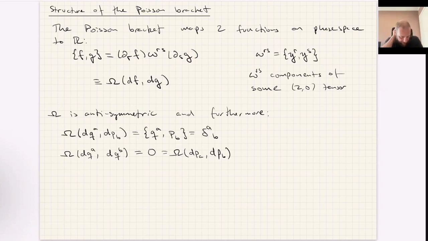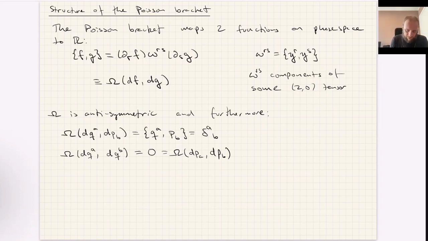You might now think, we have discussed antisymmetric tensors to quite some extent. We talked about these differential forms, right? This is not a differential form, because differential forms were 0-p tensors, and this is a 2-0 tensor. However, we can define a different 2-form.